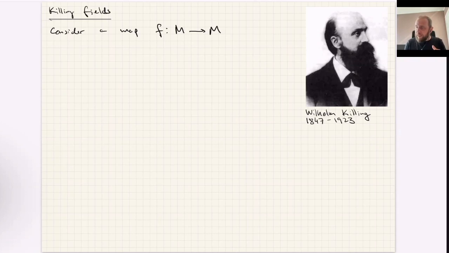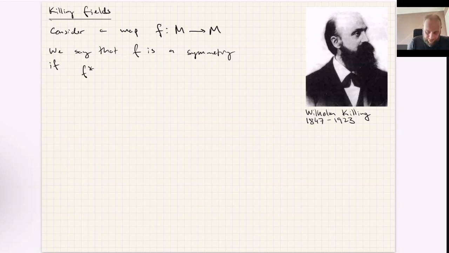And in this particular case, we say that F is a symmetry of this Riemannian manifold with a metric if the pullback or push forward, depending on how you do it, of G, the metric tensor, is the metric tensor itself. So nothing happens to the metric tensor when you use this mapping F. So this is how we define a symmetry.